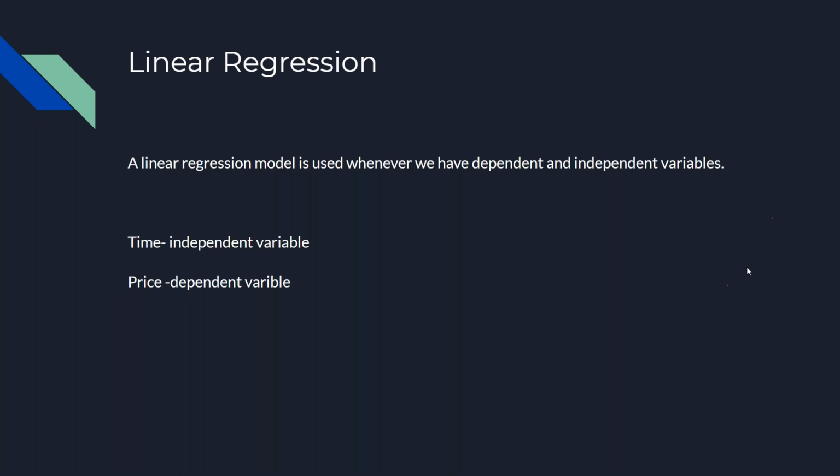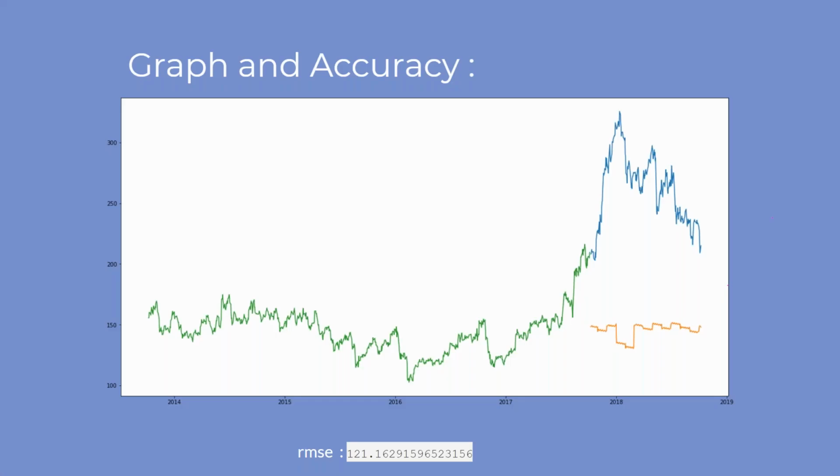In this problem, we can easily say that our stock price is dependent on the date. So time or date is the independent variable and price is the dependent variable, which depends on time, right?